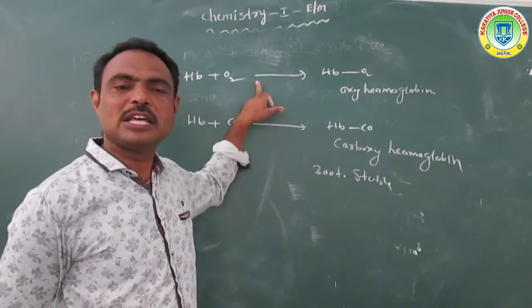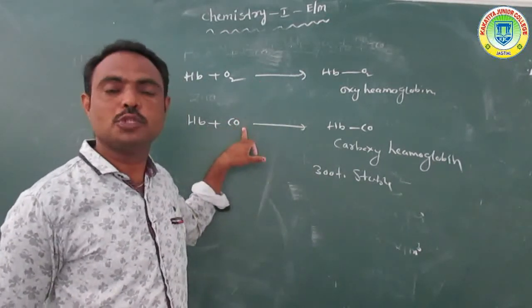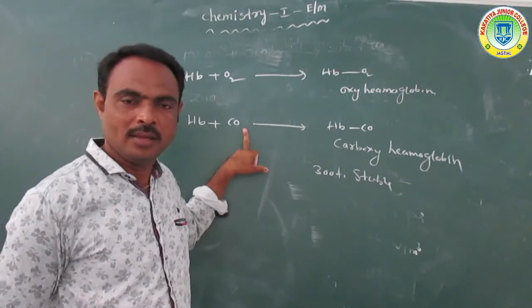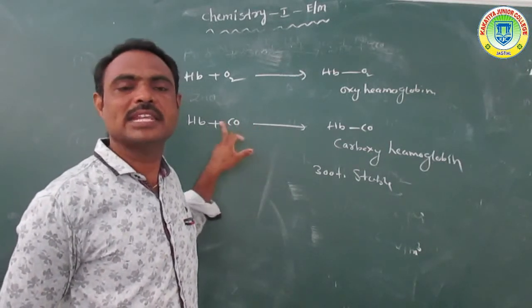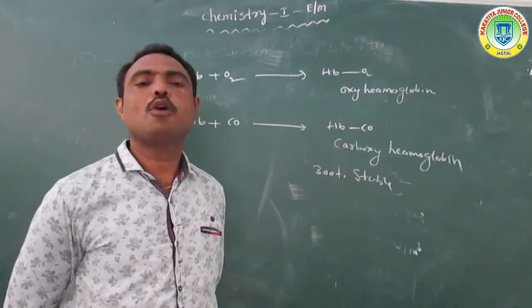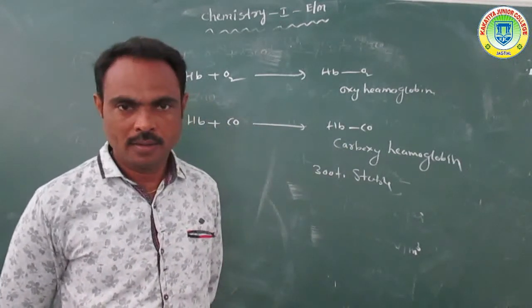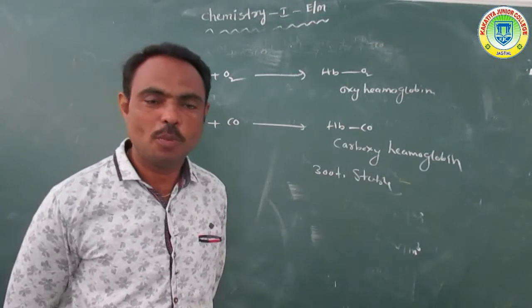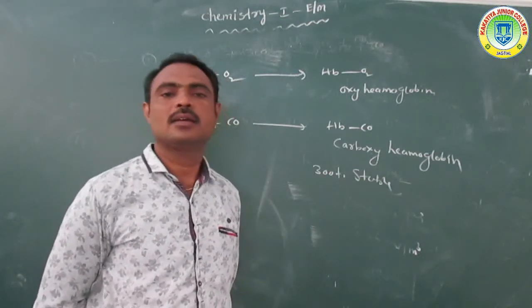When in place of oxygen we have carbon monoxide, that carbon monoxide reacts with hemoglobin to form carboxyhemoglobin. That carboxyhemoglobin is a very dangerous compound.